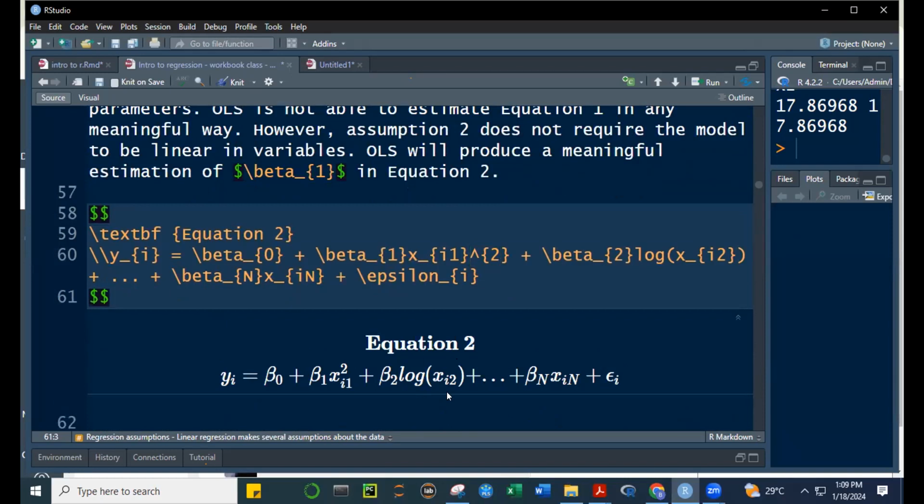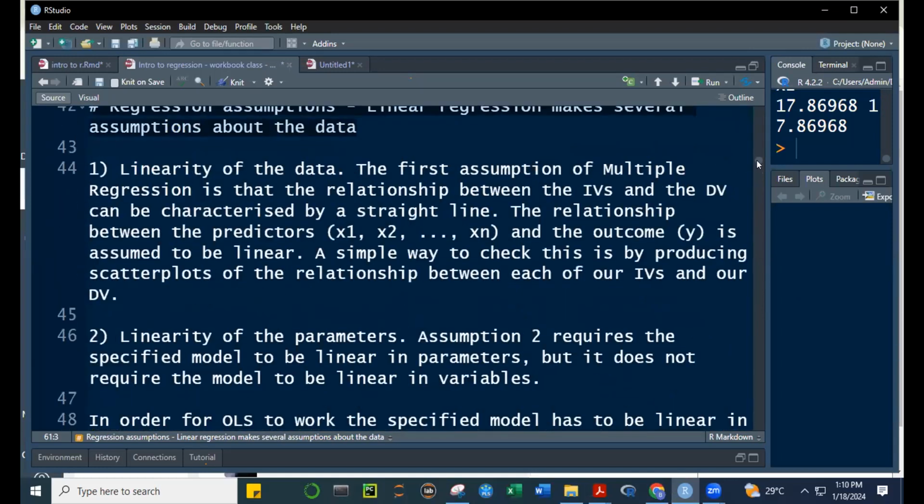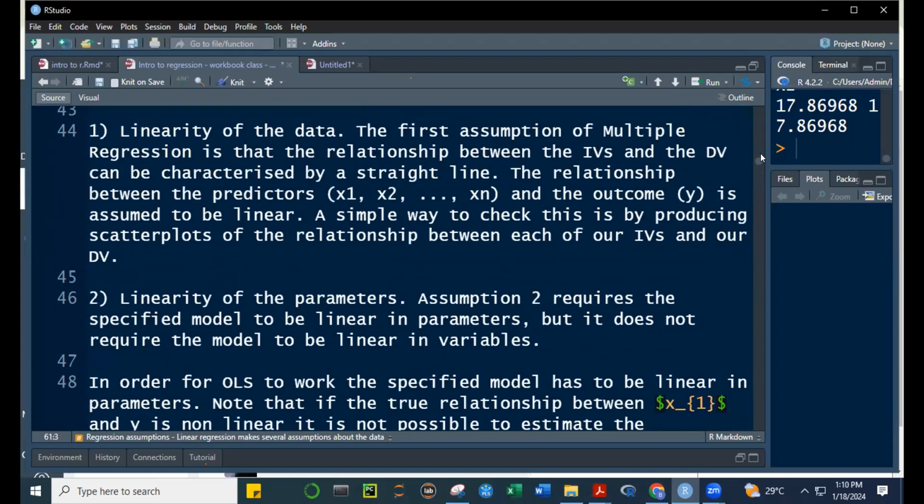Pwede yun. Okay? That does not violate linearity. Pero yung coefficient mismo, ito, beta 1 squared, square root of beta, 1 over beta, hindi pa pwede yun. Okay? So that's what we mean by the second assumption. Linearity of the parameters.